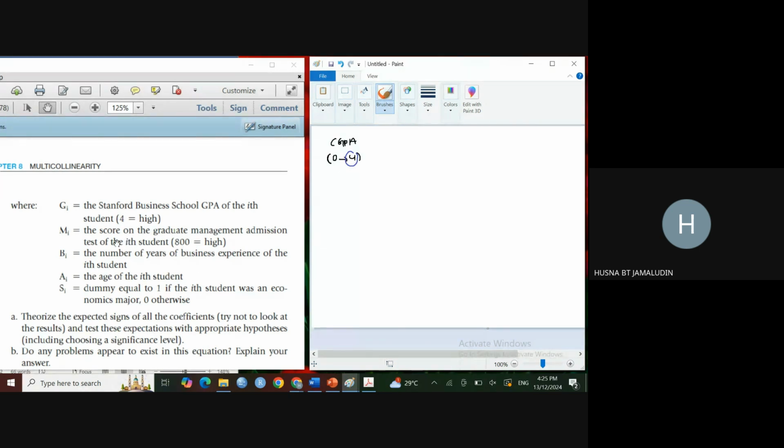Before I go to this, let's look at the first variable. What do you think is the expected sign? What is the expected sign? The admission test. For example, you're talking about the English test. If let's say your English test is high, what does it mean? Does it have an impact on your CGPA?